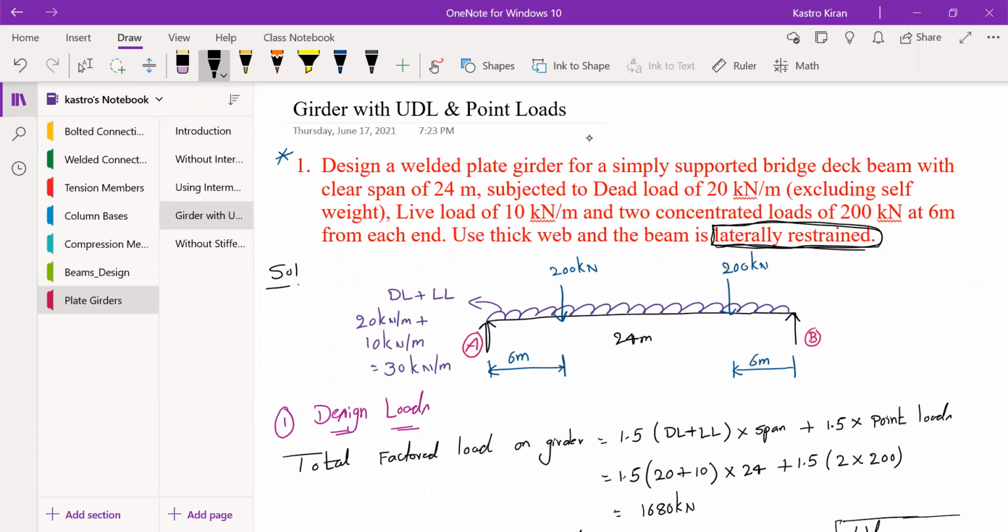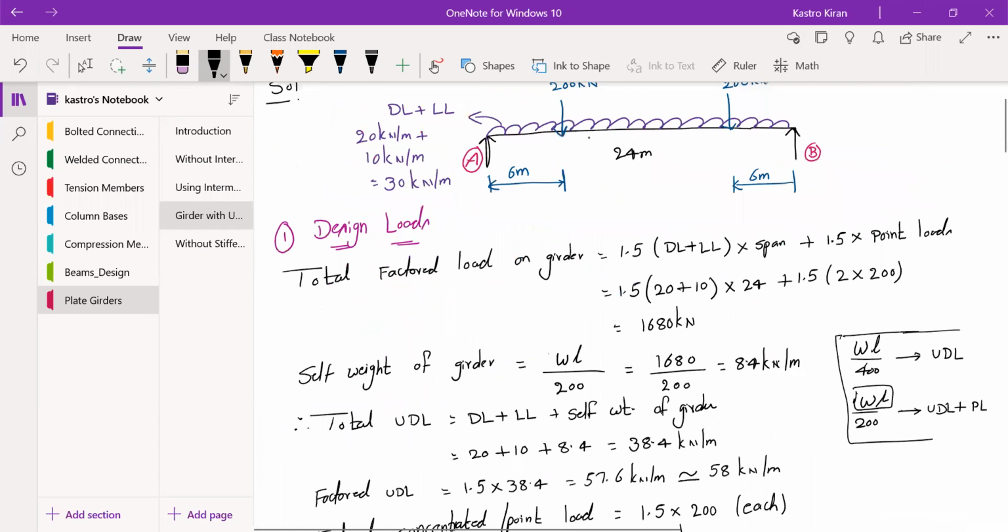So most of the times all the plate girders will be laterally restrained plate girders only. So 99.9% of the times when it comes to the exam point of view, you don't need to do this particular step, that is lateral torsional buckling step is not required for your case.